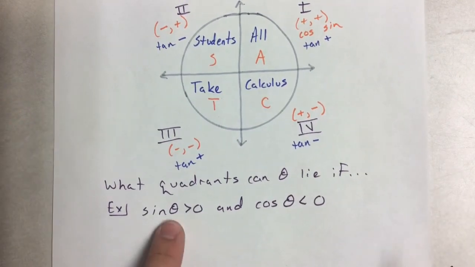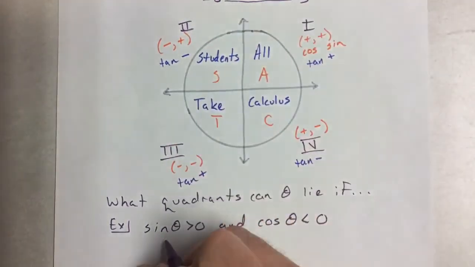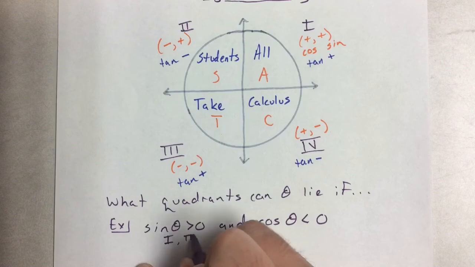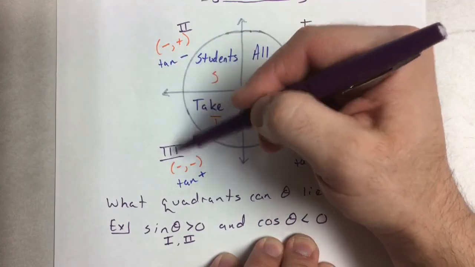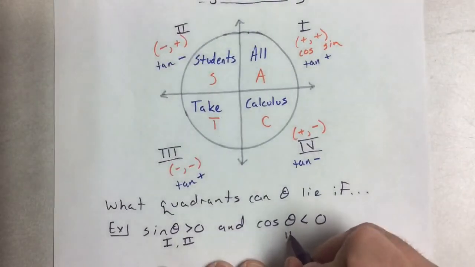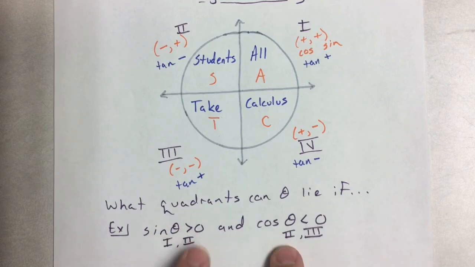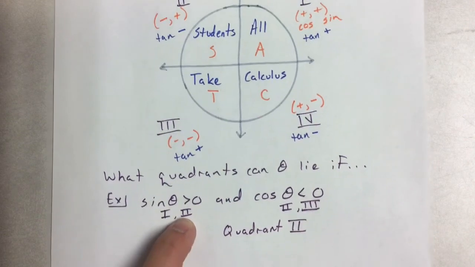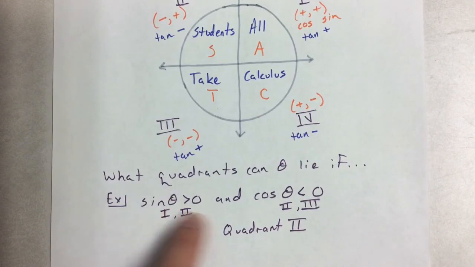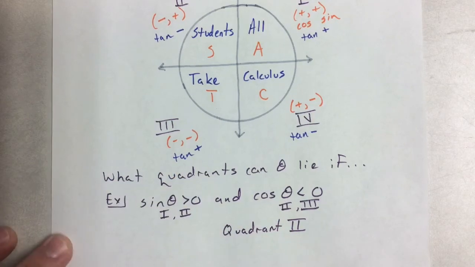So sine of theta is positive in quadrants 1 and 2, okay? Cosine of theta is negative in quadrants 2 and 3. So where must theta be for both of these to happen? Quadrant 2. So I did that. I looked at sine where it's positive, cosine where it's negative, and the overlap is where our theta must be.